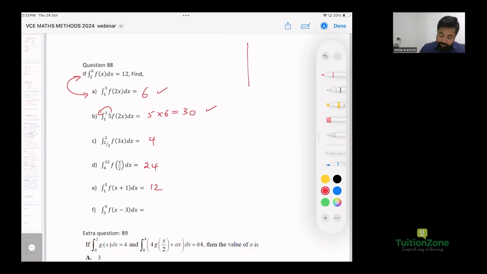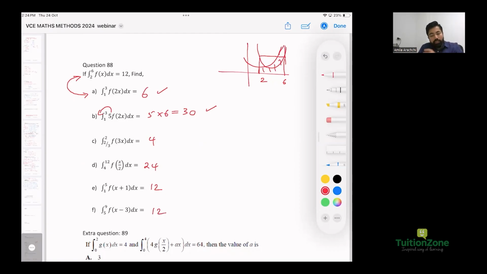Think of a container of water, this is 2 and 6. If I just move the container, then we talk about a totally different area. But we're moving the container with the limits. And that's why it's not going to change. So even this one is 12.